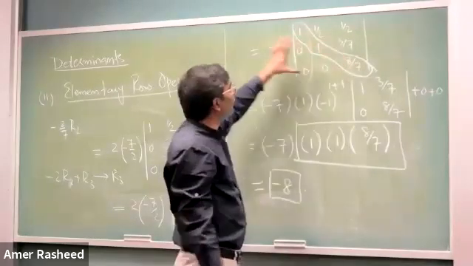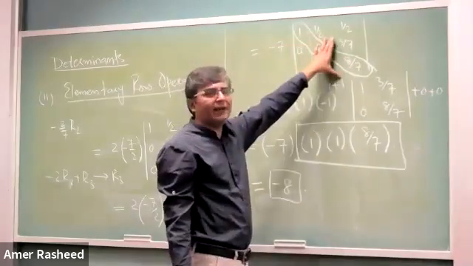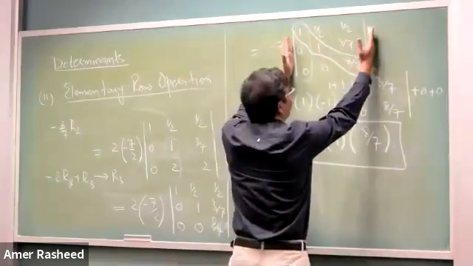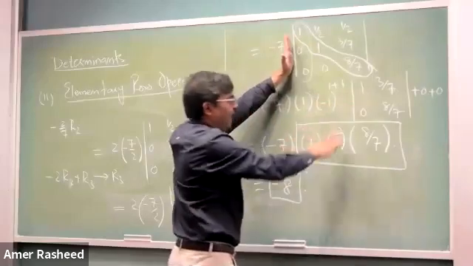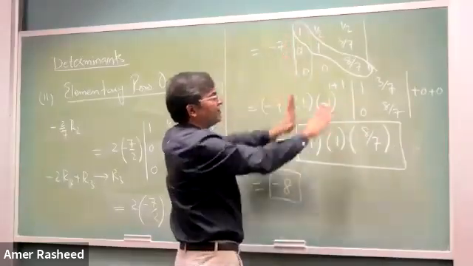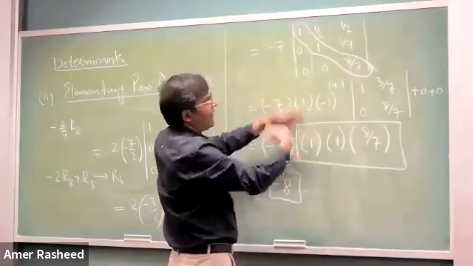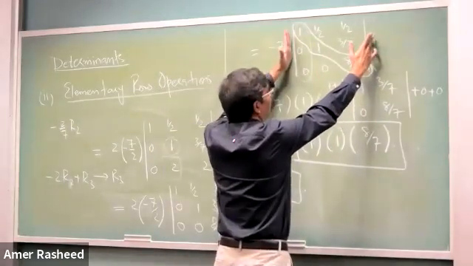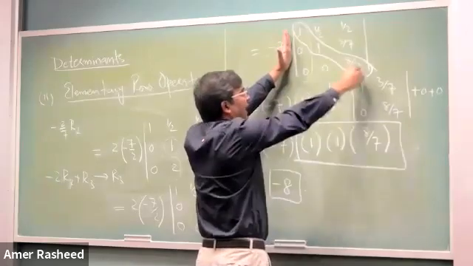Once you reach the echelon form here, you don't need to expand using cofactor expansion. This was just to show you what is happening here. The determinant of this matrix is the product of its diagonal entries.